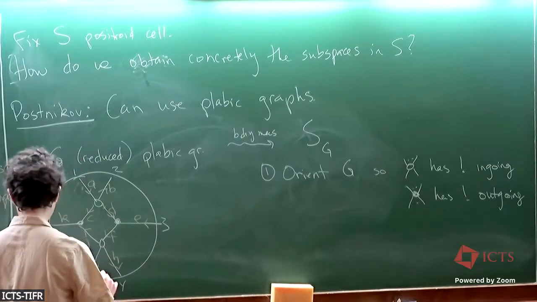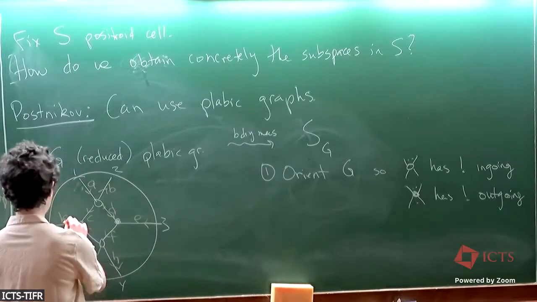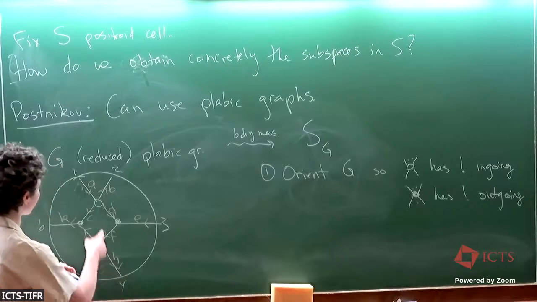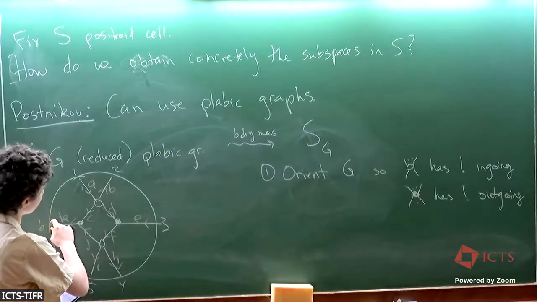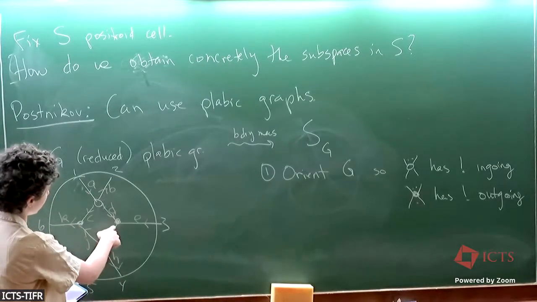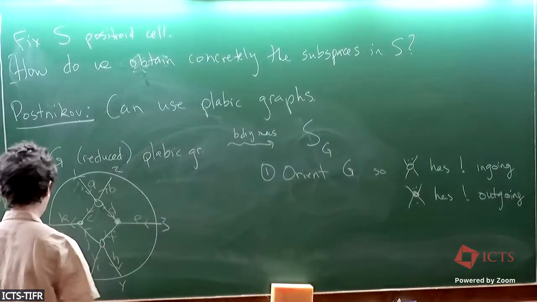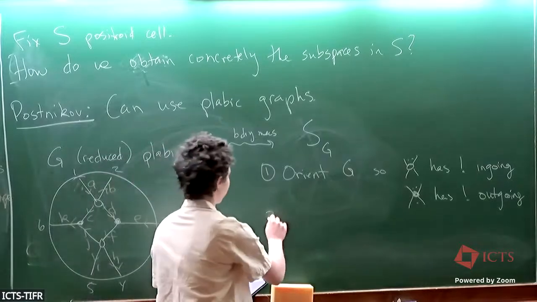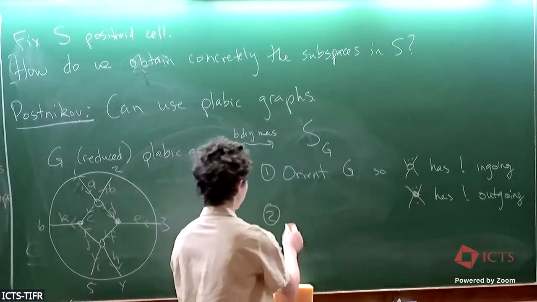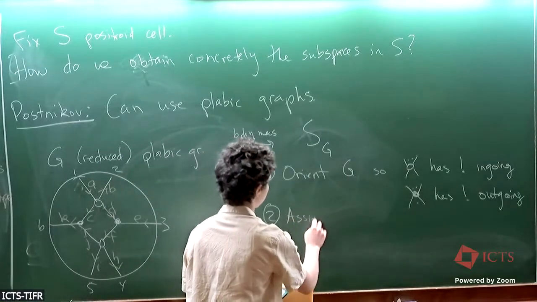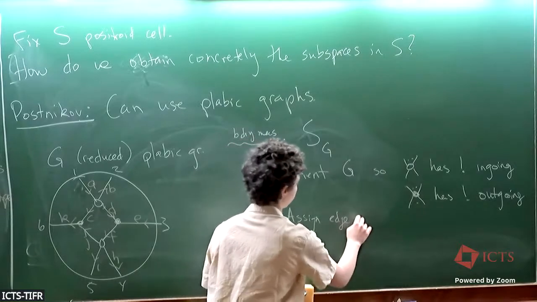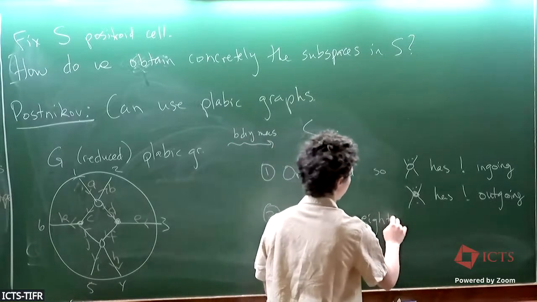Okay, sorry, I should probably be going through it, but I think I've done it. So here's the unique ingoing edge for this hollow vertex, and then here's the unique outgoing edge for this solid one, etc. Okay, sorry, I did this out of order. I've already done this: I assign edge weights to each edge.